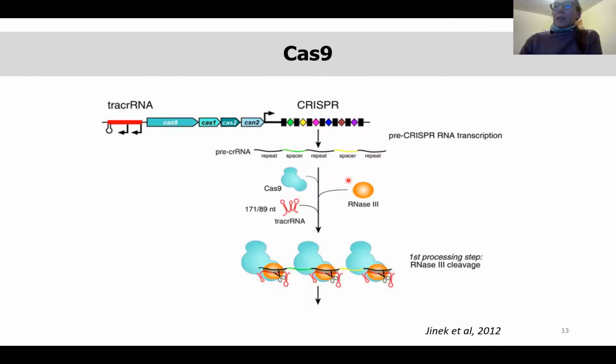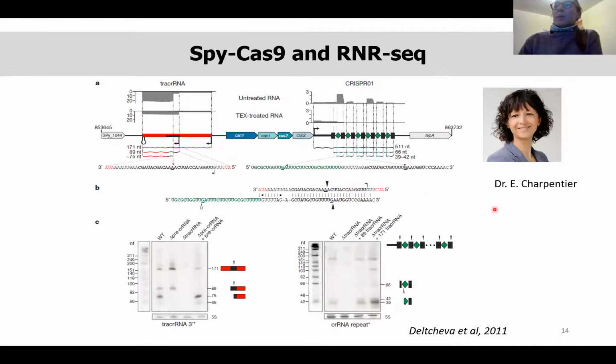The tracrRNA appeared from sequencing experiments from Dr. Emmanuelle Charpentier's group. This piece of RNA is important for maturation of CRISPR RNA. Cas9 needs a short piece of guide to function fully.